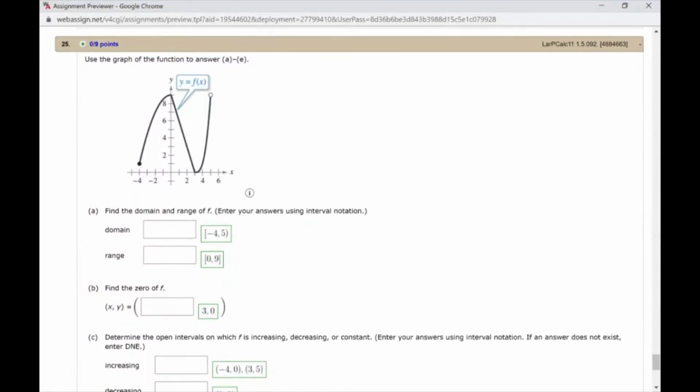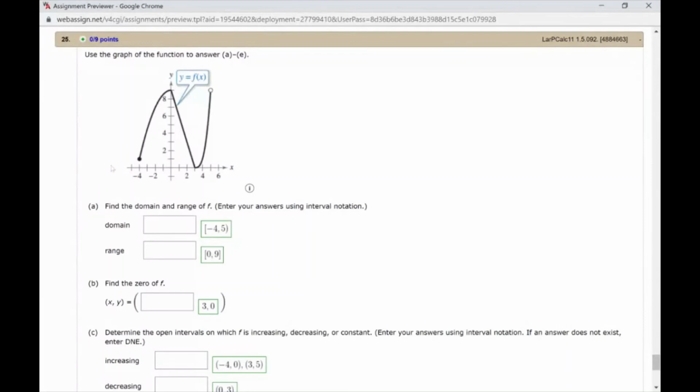Find the domain. Y'all see, again, we're only looking at the x-axis. This is the leftmost point. What number does it correspond to on the x-axis? -4.